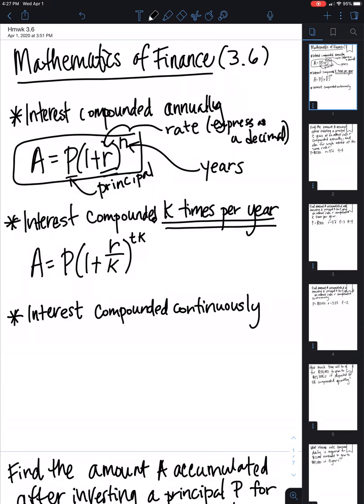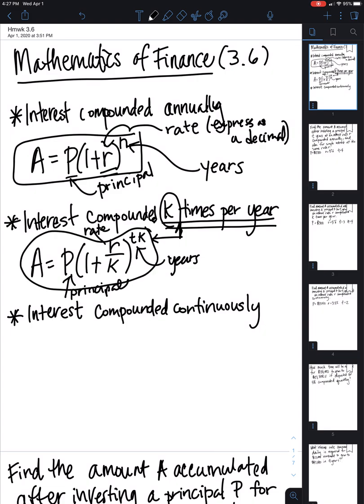They also changed from N, the years, to T. I'm not sure why, just the letters they use. T is years here, K is the times per year, R is still the rate, and P is still the principal. These are really important equations.